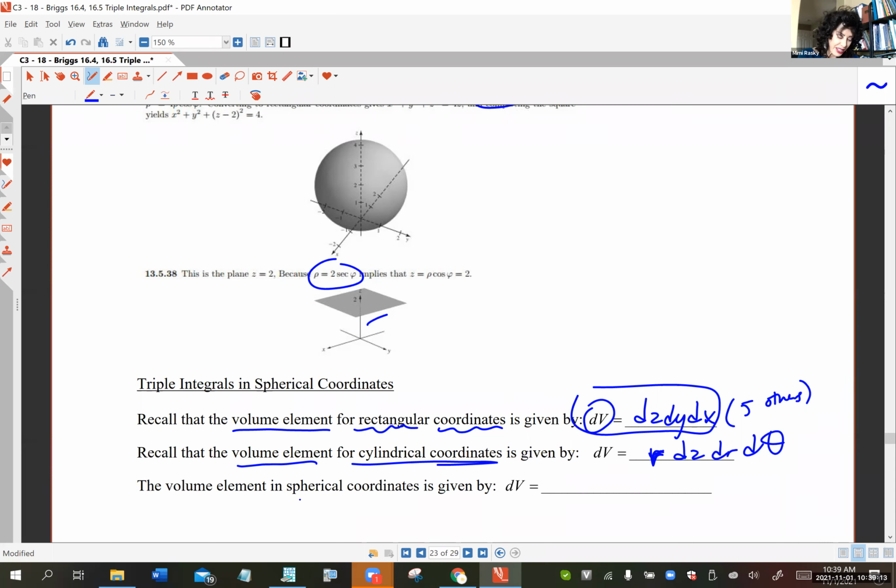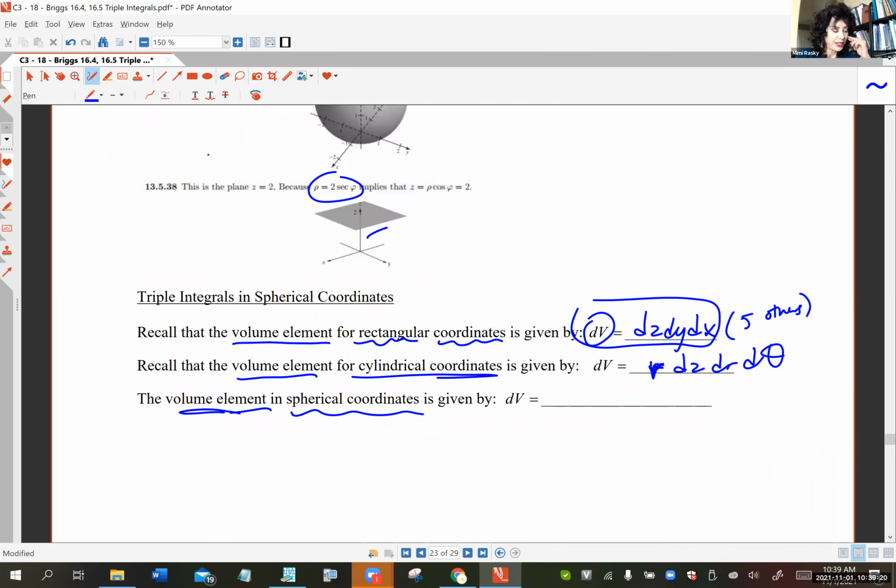Now, the volume element for spherical, you're probably not going to believe me. Don't blow this on exams or quizzes, okay? Because if you do, I don't give partial credit, because you have easy access to this.